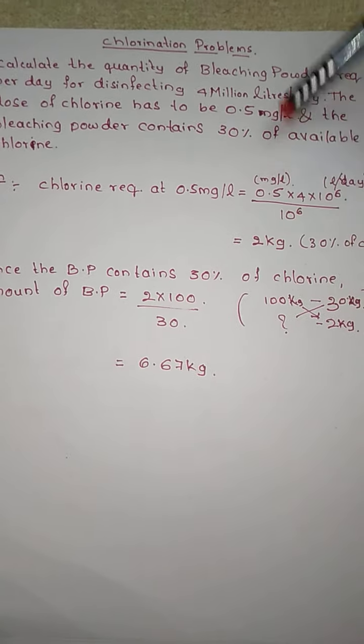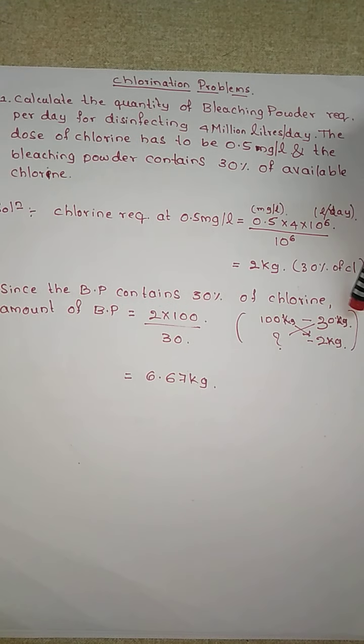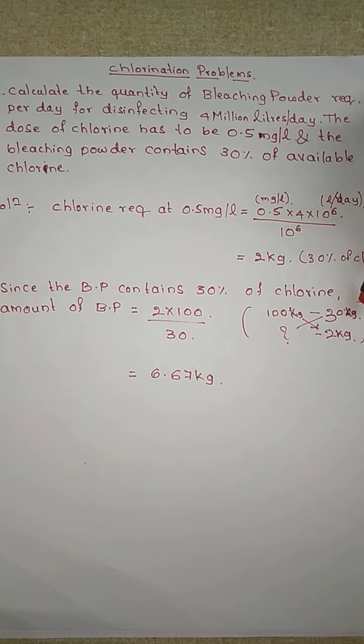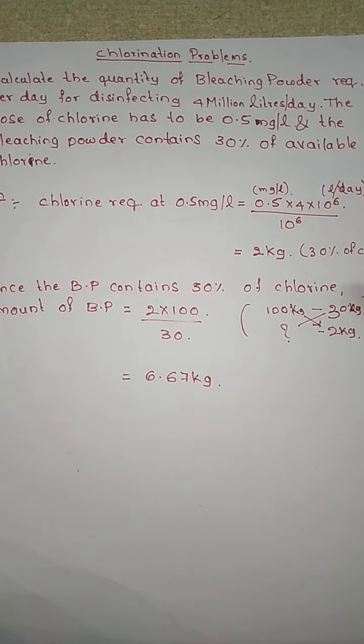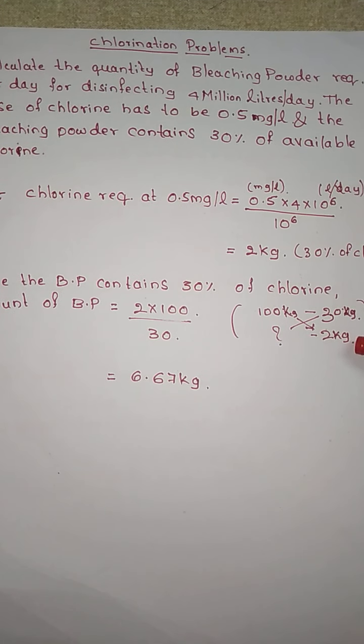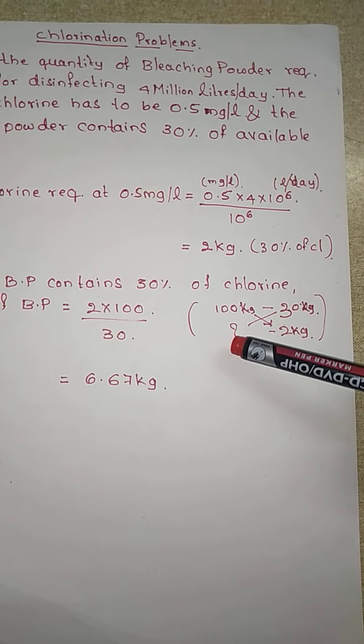In the problem, they have given that 100 kg of bleaching powder will have 30 kg, that means 30% chlorine available. Now in this problem, the chlorine available we have got is 2 kg. Now we need to determine how much bleaching powder we want.